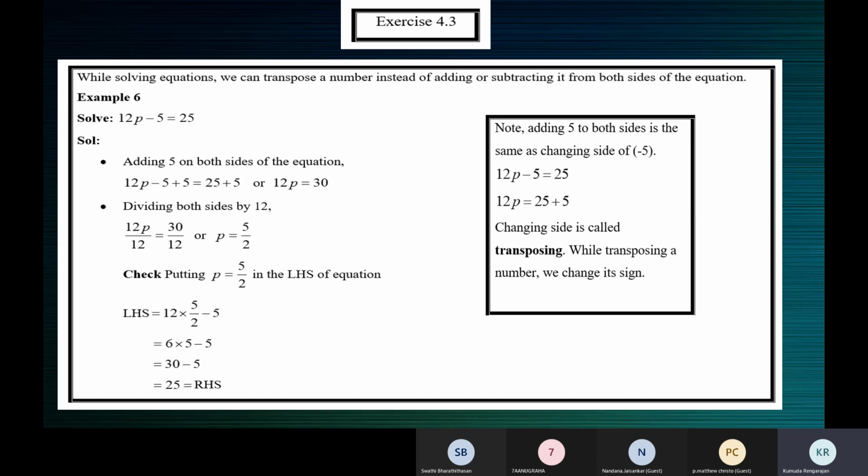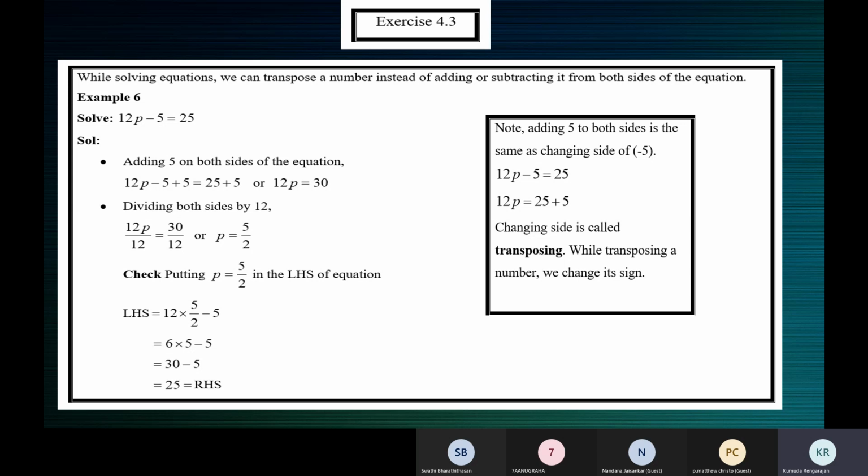But it becomes difficult when the equation has many terms. It becomes a tedious process to add and subtract or multiply and divide. So due to this tedious nature, there is a necessity to find a simpler way of solving equations.